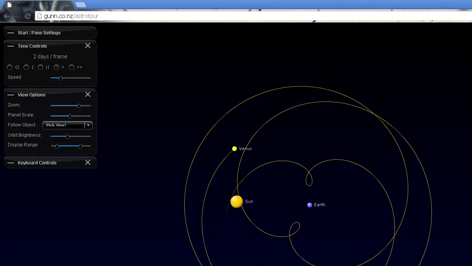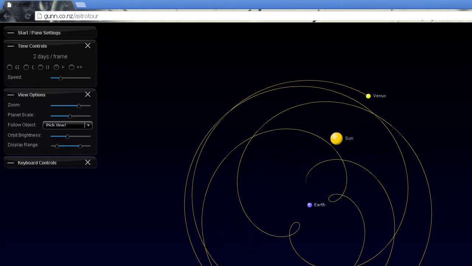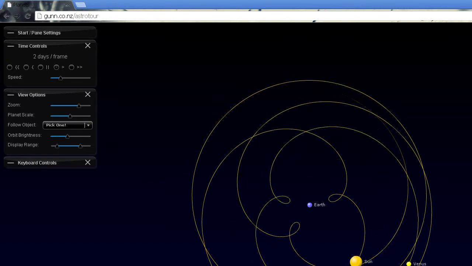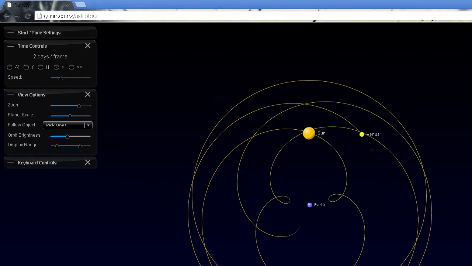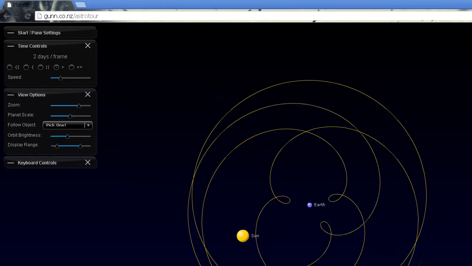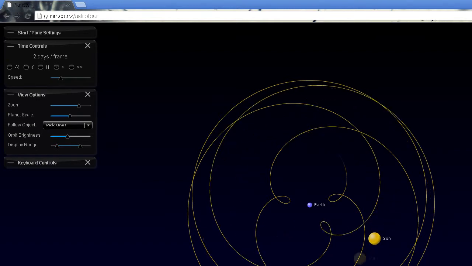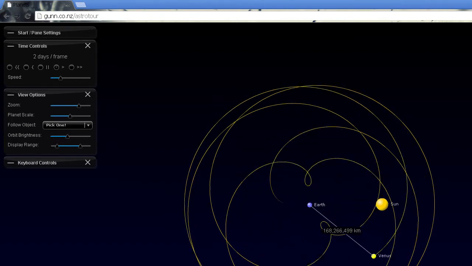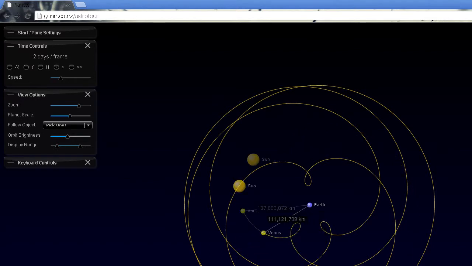See how Venus seems to spend a lot of time moving slowly around the Earth and then quickly comes in, goes backwards, and then accelerates off again. And this is called retrograde motion. Let's see how close Venus gets. Wow, at its closest, Venus is 4 times closer to us than the Sun.